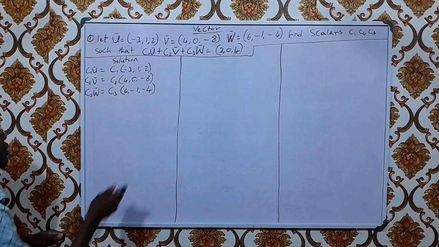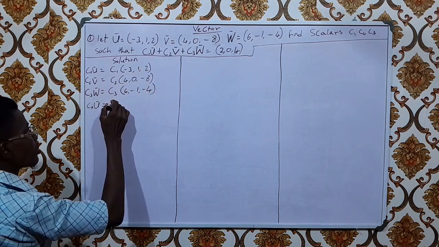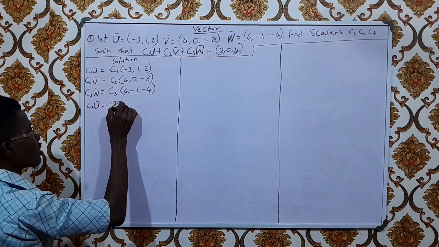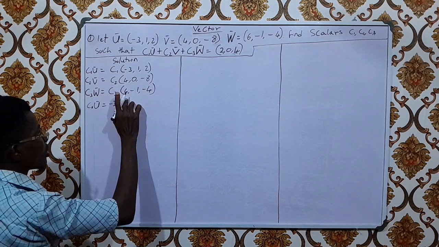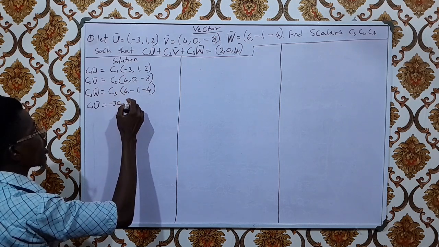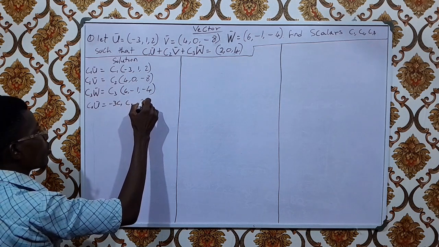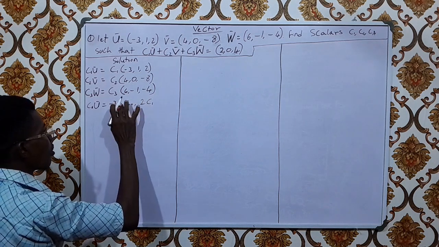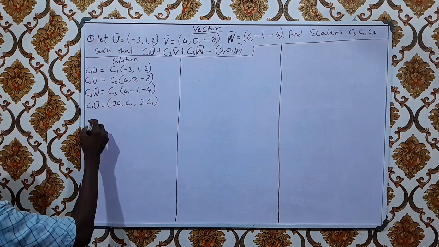We multiply them. C1 u is equals to -3C1, comma, we have C1, comma, we have 2C1. This is what we have.